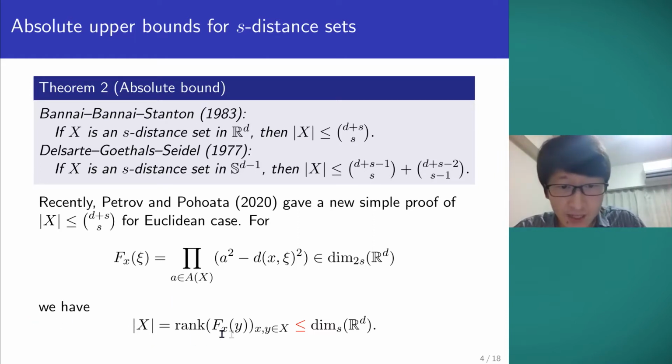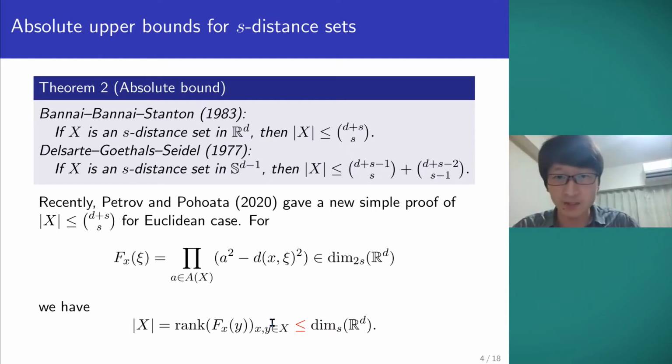Then f_X(y) is the identity matrix, and the rank of f_X(y), this matrix, is equal to the size of X, and they proved that the rank of this matrix is at most this dimension: the dimension of the linear space of polynomials of degree at most s with d variables.